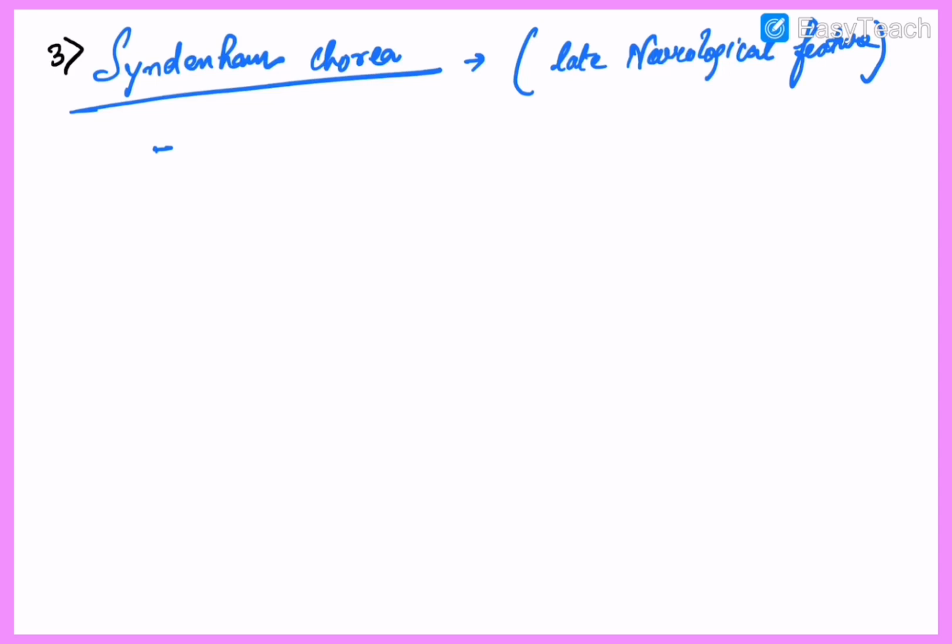What happens here? Damage to the caudate nucleus. Basically, the antibodies that are formed against the M protein of the group A beta hemolytic streptococcus enter the brain and attack the caudate nucleus.